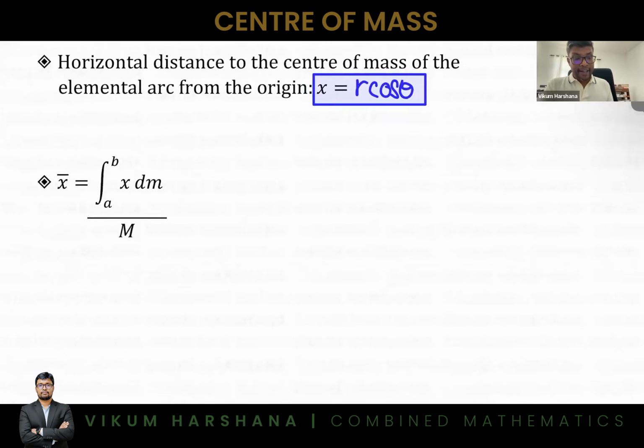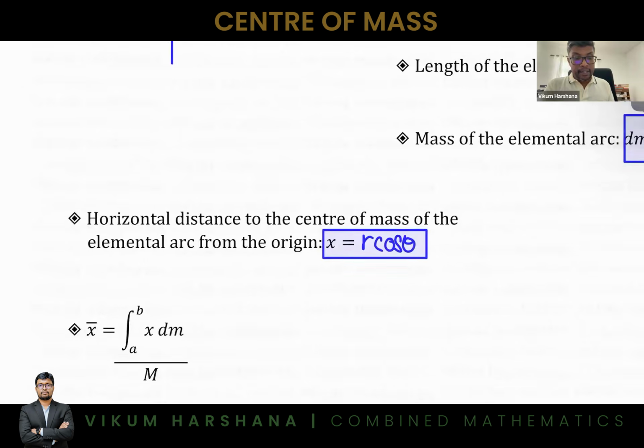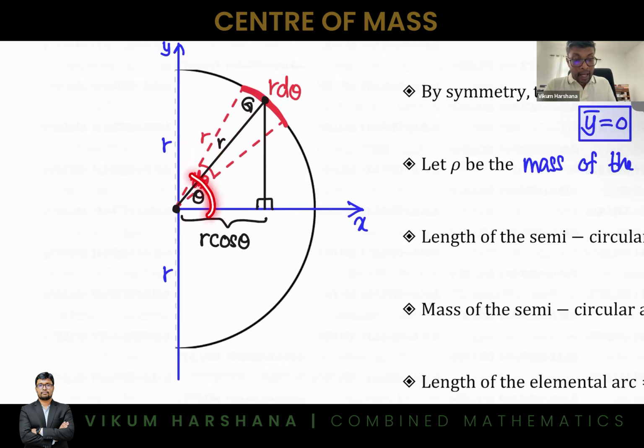The definition of x bar is integrate from a to b x dm over M. We know x, we know dm, and we know capital M, but we don't know what a and b are. It's like this. When we take the elemental arc, we define something called theta, right?